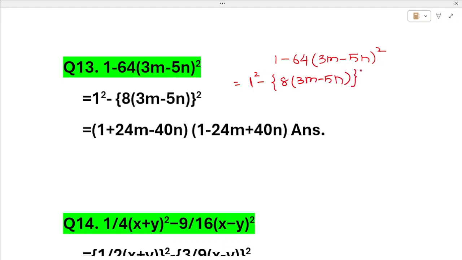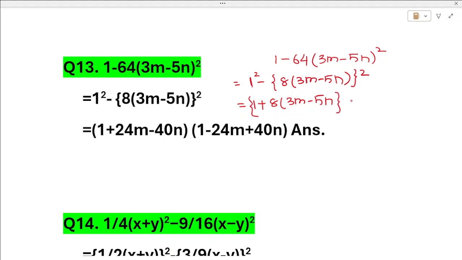We can put it like this. Now, 1 minus or plus, take anything. Here I am taking the plus as the first term; you can even take the minus first. You can make the difference first or the sum first, so it depends on you. So 1 plus 8 times 3m minus 5n, this is the first term.